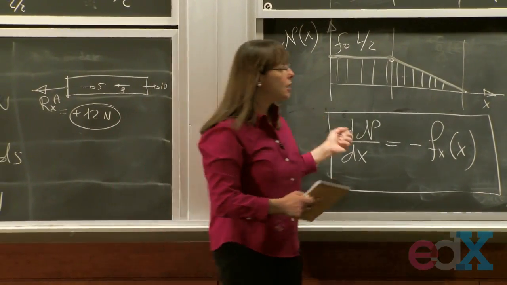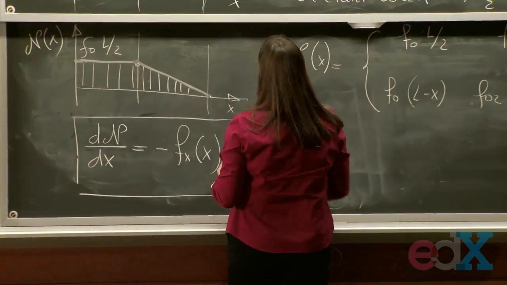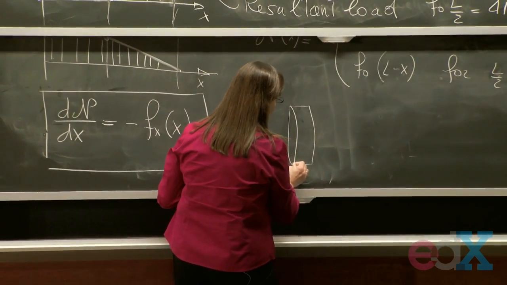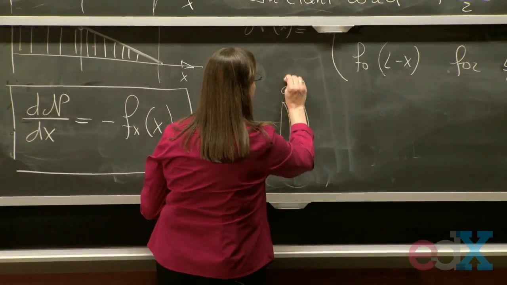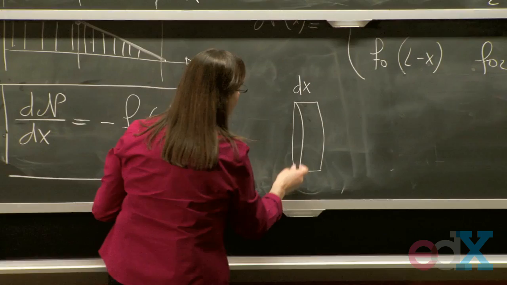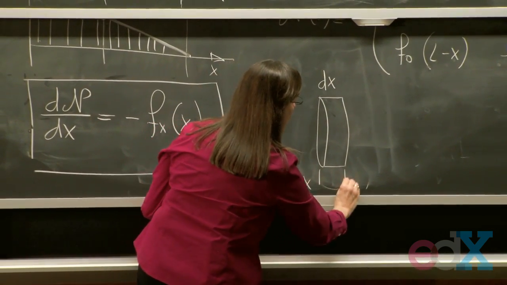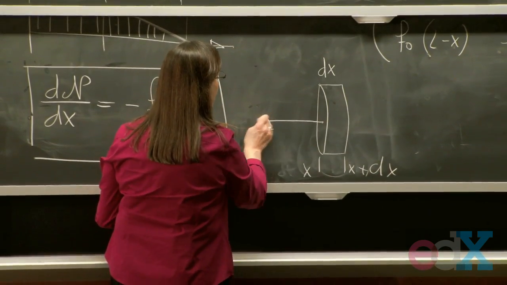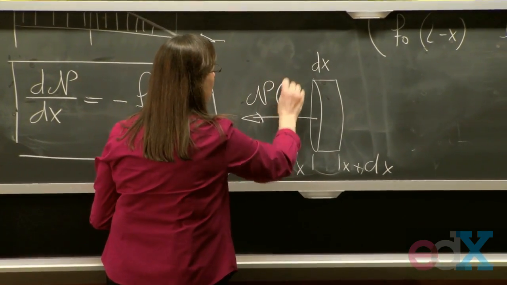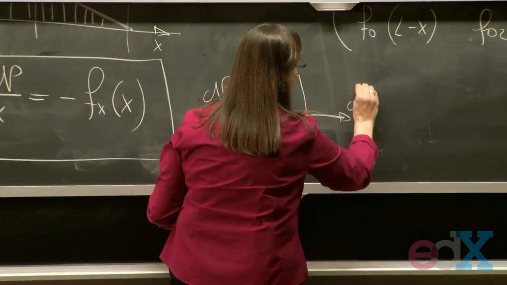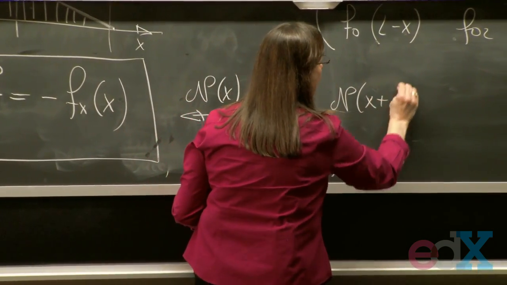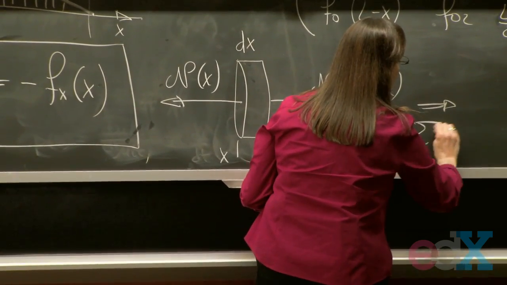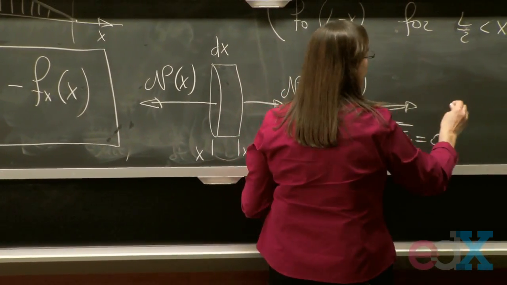Okay, where does this come from? It simply comes from the equilibrium of a slice. It's not like magic. If I take a slice of thickness dx, so that this one is x, and this is x plus dx, out of here comes n of x, out of here comes n of x plus dx, and if I put equilibrium, then I get the same thing.